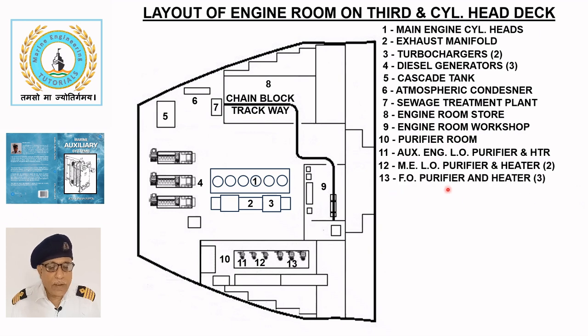Fuel oil purifier and heater. Three fuel oil purifiers and heaters 13 are used for purification of low sulfur fuel oil. One of the purifiers can be converted for the purification of ultra low sulfur fuel oil if required.